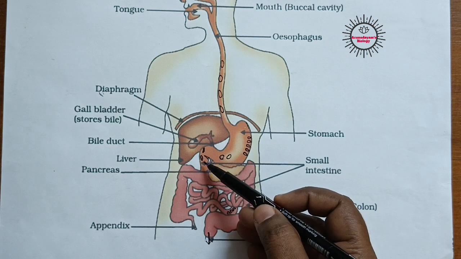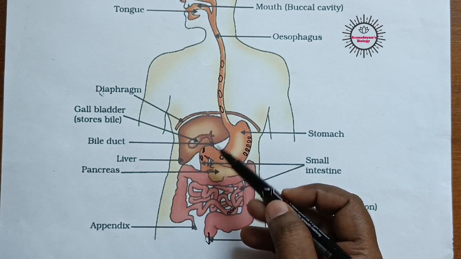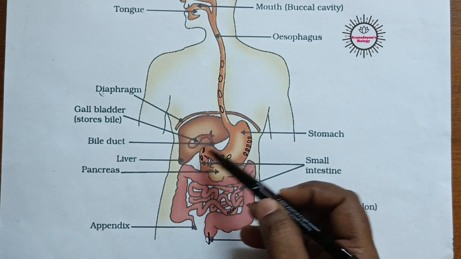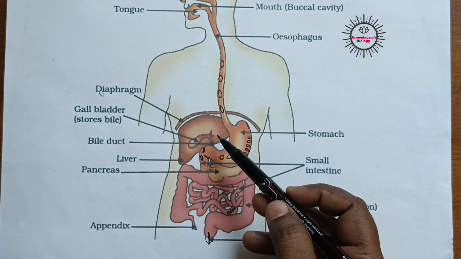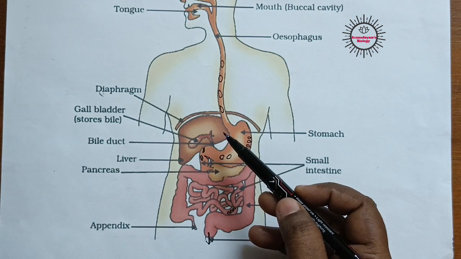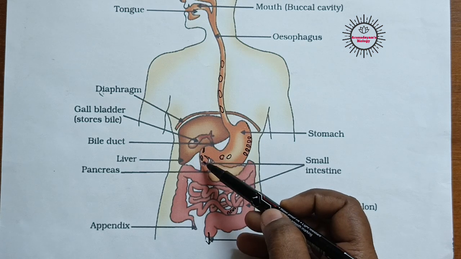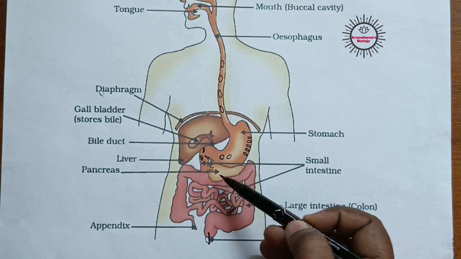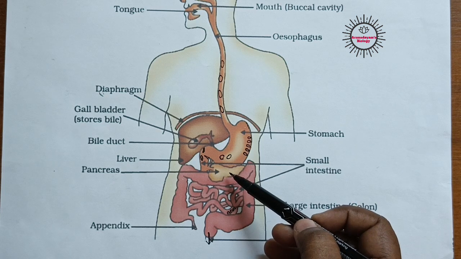Okay, and when the food is present in the duodenum, bile juice is released from liver. So this is a liver which is the largest digestive gland. This gland releases a juice called as bile juice, or it is also called as bile. This bile through this gallbladder enters into duodenum. Okay, and this leaf-shaped green color structure is called as pancreas.